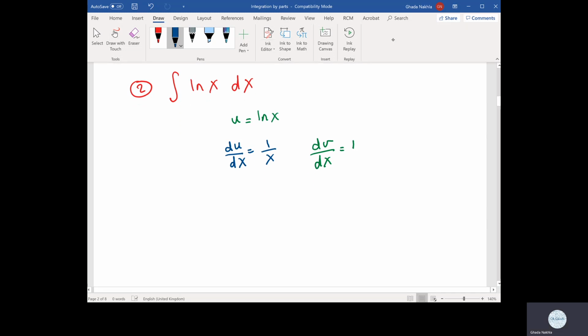Then we integrate to find v, we integrate dv by dx. And when we integrate 1, the 1 is the same as x to the power of 0. When you integrate, you increase the power, divide by the new power. So it's x to the 1 divided by 1. And x to the 1 is the same as x, isn't it?